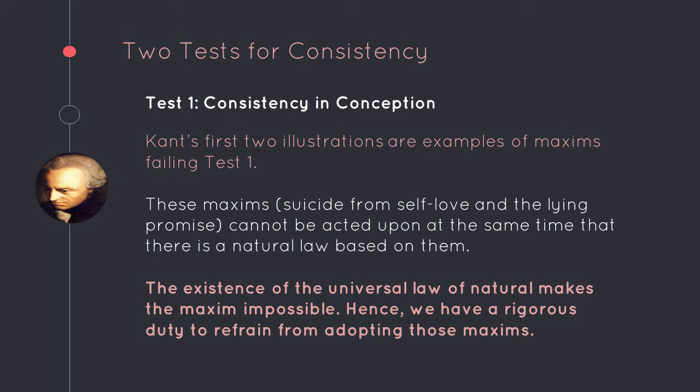If that were a natural law like gravity, then it wouldn't make sense for me to try to tell a lying promise, because it wouldn't work. It doesn't even make sense. I'd be laughed at. And so Kant says, because the maxim fails the first test, the consistency and conception test, we have a rigorous duty to refrain from adopting that maxim.